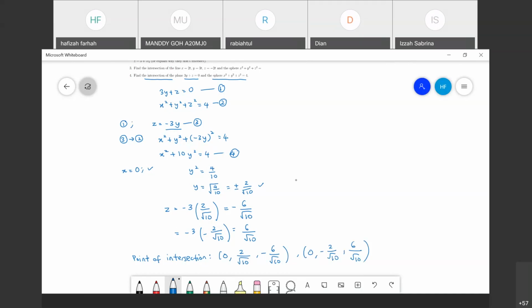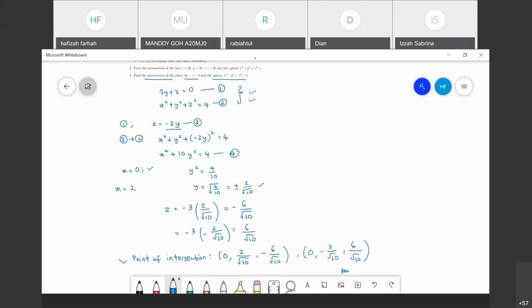So you can give any value of the point of intersection as long as it satisfies the equation of these two planes. If you let x equals to 2, then you may get another value of y and also z. But as long as it satisfies these two equations, then it's correct.